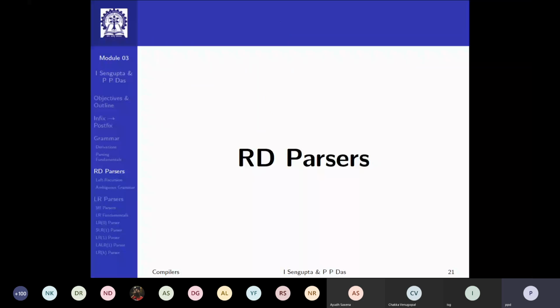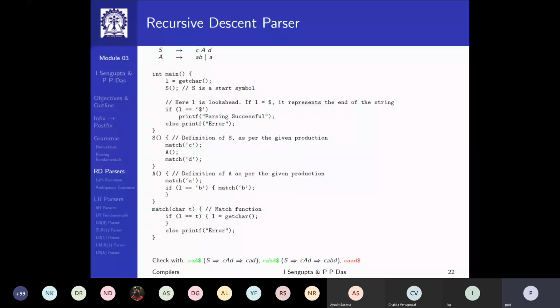We'll be brief about top-down parsing, because we won't do much of that in the actual C compiler. The one that we'll discuss is known as the recursive descent parser. So let's see what it does. It's something very intuitive, very easy to construct, provided it can be constructed, and we'll see what the factors are.